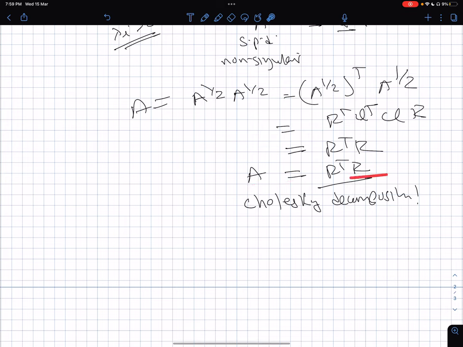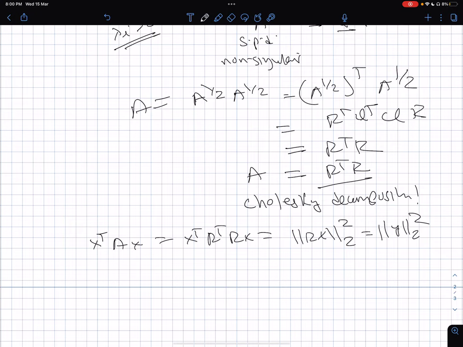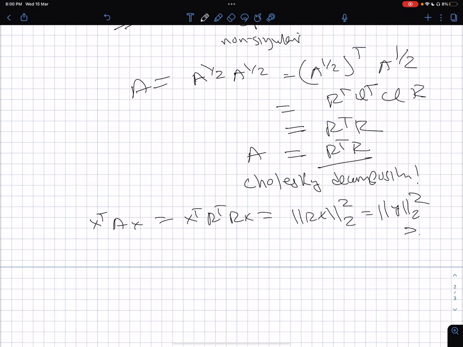And suppose you are able to get this decomposition, and R is a non-singular matrix, then it follows that X transpose AX is nothing but X transpose R transpose RX, which is nothing but the square of the length of this. Let's call this vector y, then this is the square of the length of y, which is anyway greater than or equal to 0.